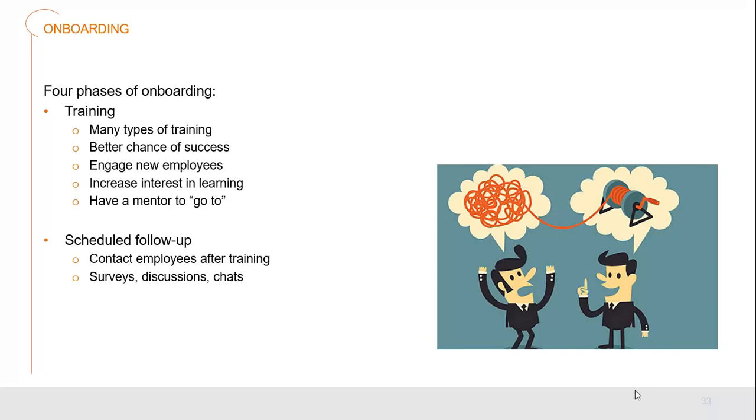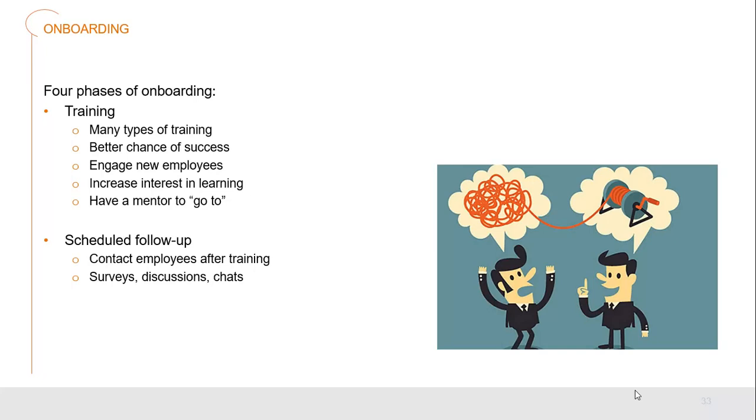We have a better chance for success for that employee by making sure that we have training involved for them and engaging those new employees too, increasing their interest in learning, and also having a mentor as a go-to person for this is vital, and it's a really great thing to have during that first year of employment and going forward to make sure that that employee is fully integrated into the company.